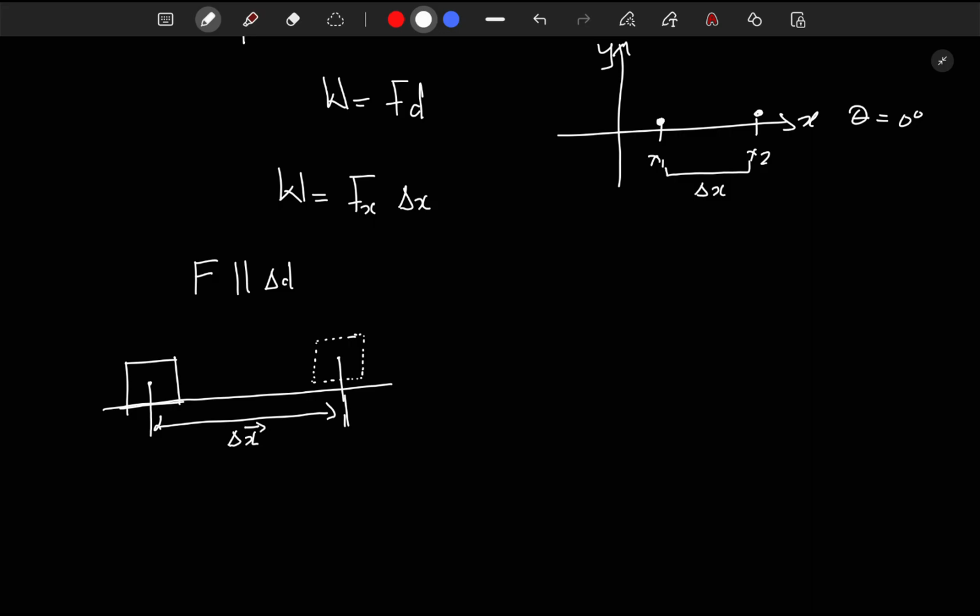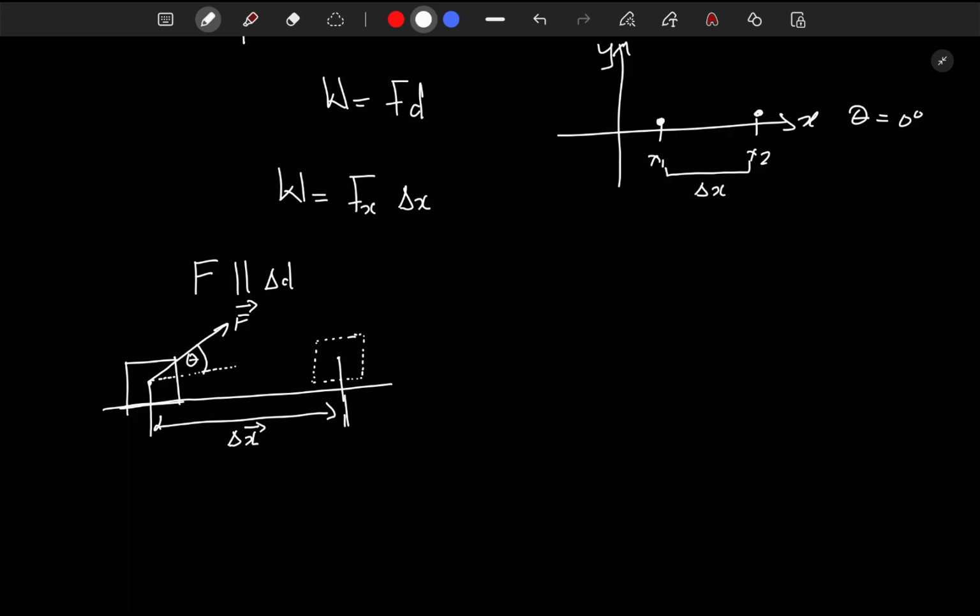So this is the box, and let's say the force is applied at some angle. This one is the angle I'm talking about.